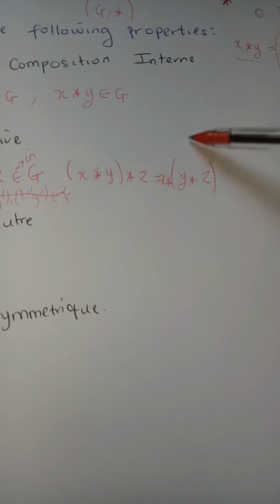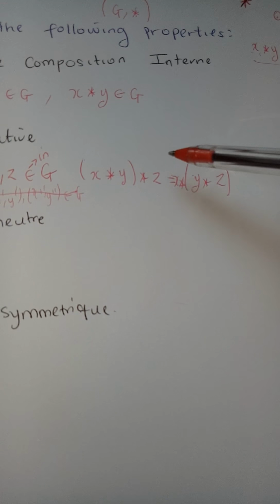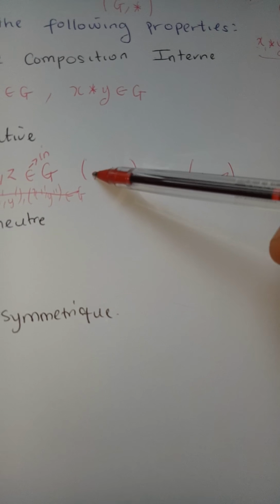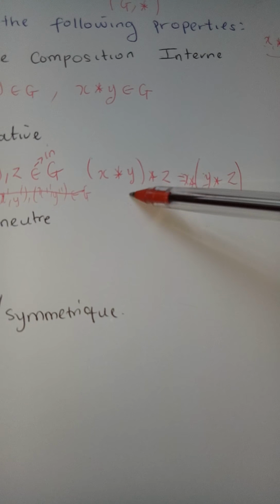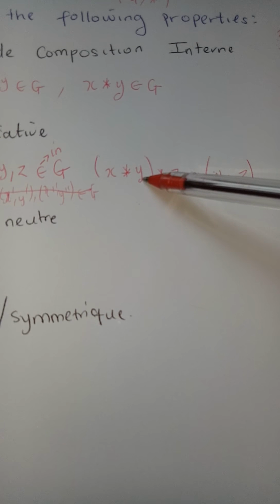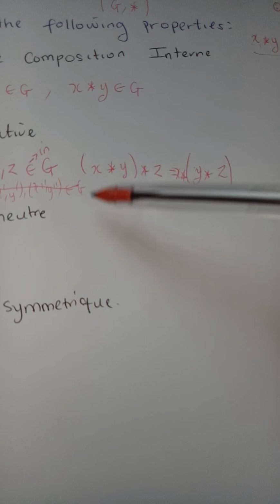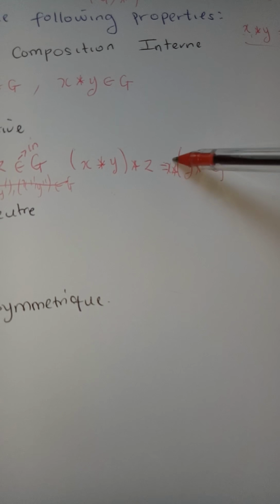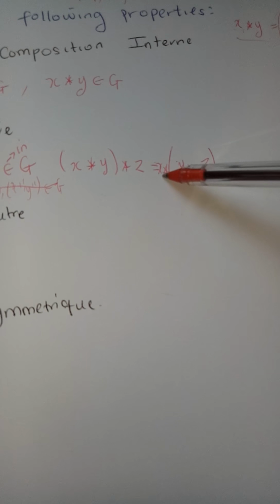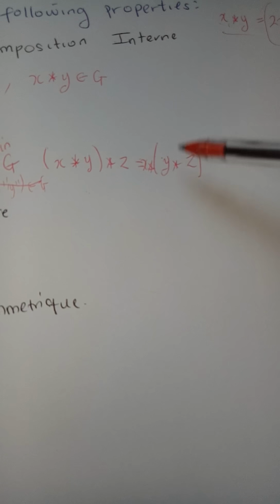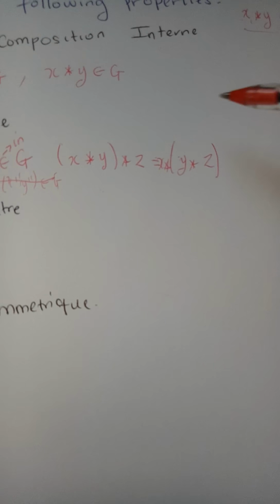That is the associativité à gauche, at the left, and associativité à droite. You verify for X étoile Y étoile Z, à gauche, that is at the left, and then you come and verify X, you bring it out, étoile, Y étoile Z, à droite, that's at the right.